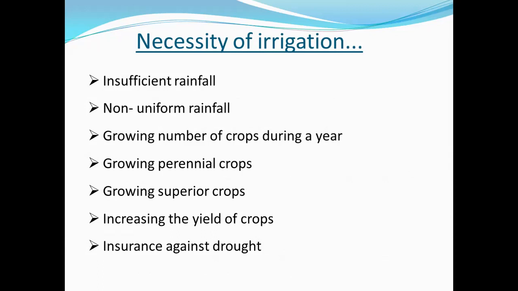Because of the insurance, farmers get back the value from this plantation. So there are these seven necessities of irrigation.